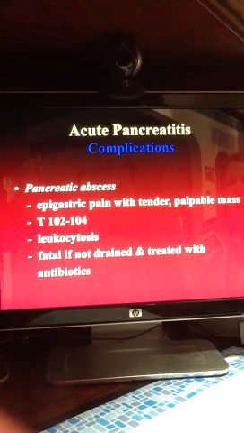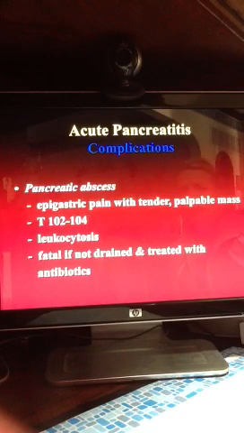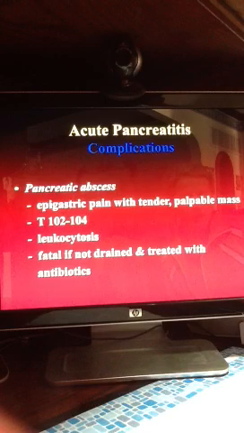A very tender abdomen, a palpable mass, very febrile, white count goes up. There is no data to support the use of a prophylactic antibiotic, but if the patient develops pancreatic abscess, it will be fatal if it's not drained and treated. So this patient will go down to have a drain placed to get rid of that.